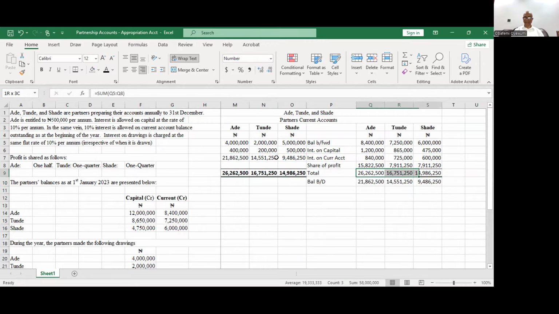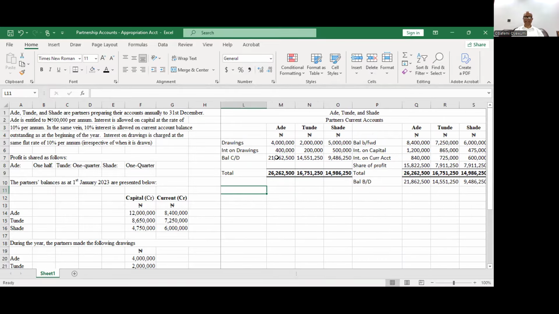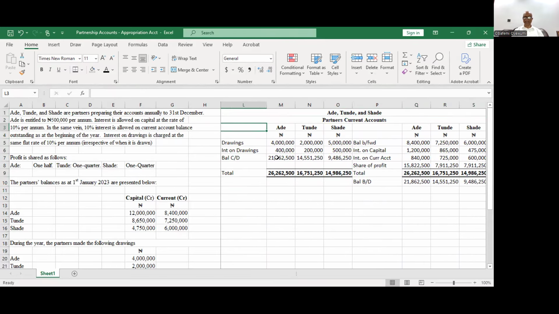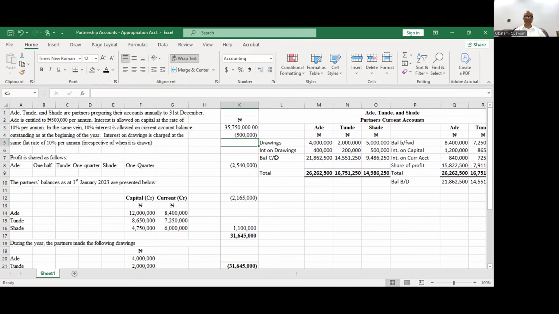So we can now highlight this so that we make it a little bit different from the others. So that's talking about partnership, the appropriation aspect of it, and then of course the current account balances.